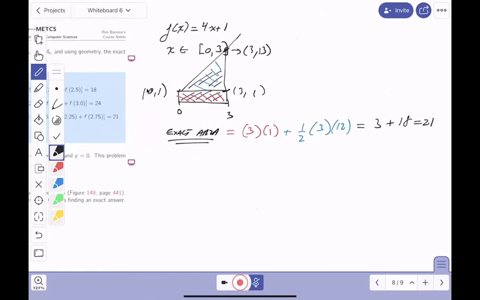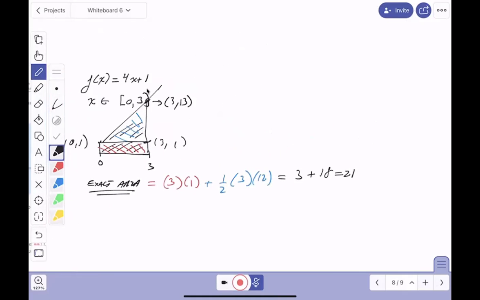Now, of course, what I need to do is discuss these R6, L6, and M6. I'm going to do one at a time. And what I'm going to claim over here is the length of the interval is 3 units, and we're dividing it into 6 equal pieces. So 3 divided by 6 is 1/2.